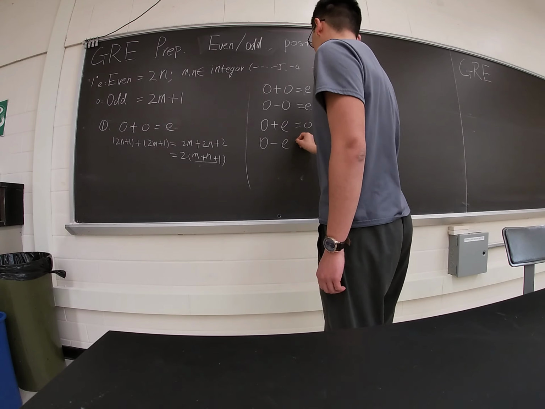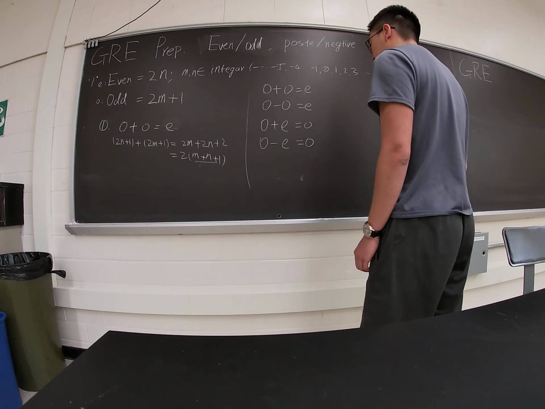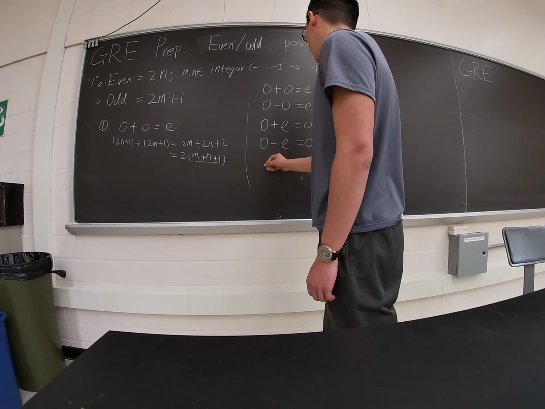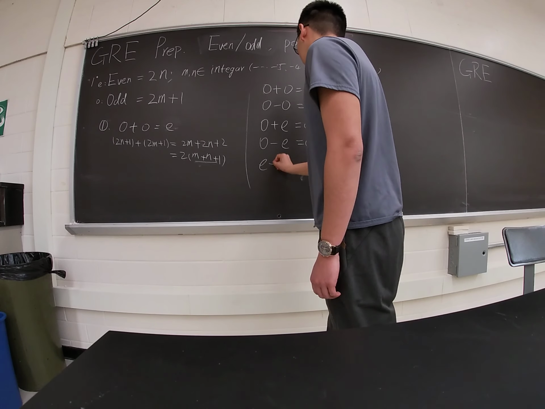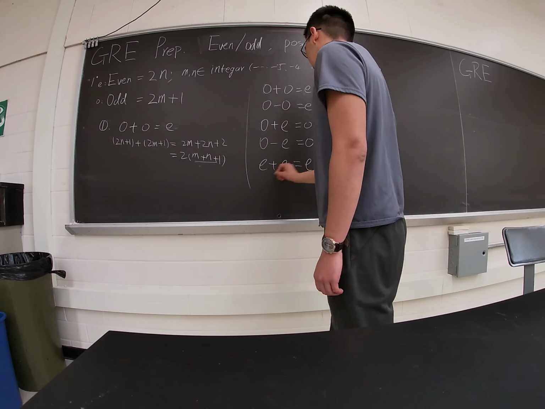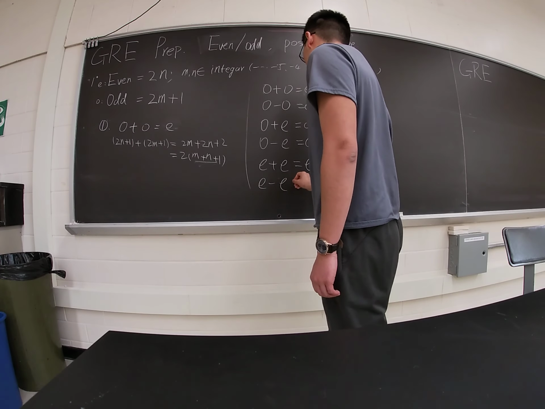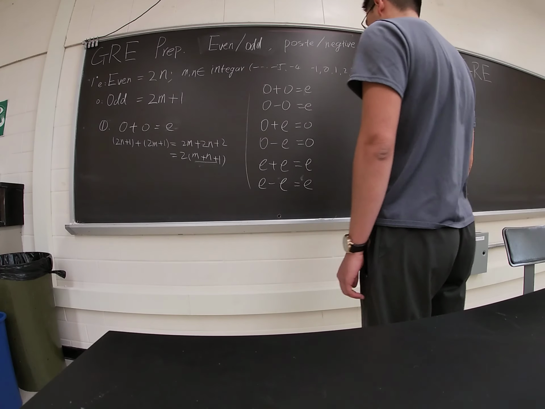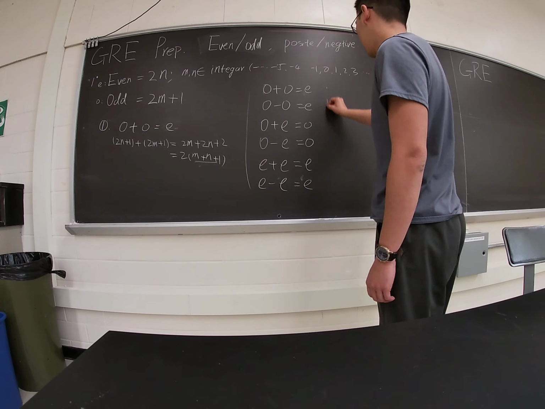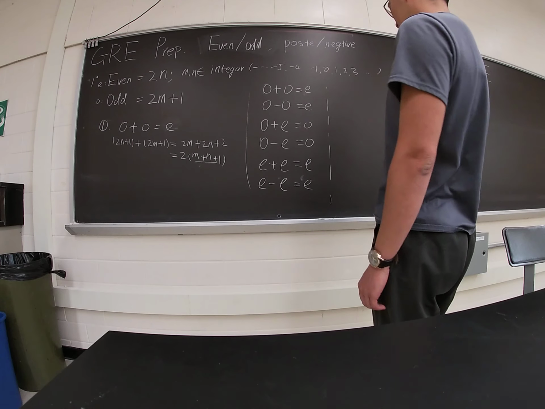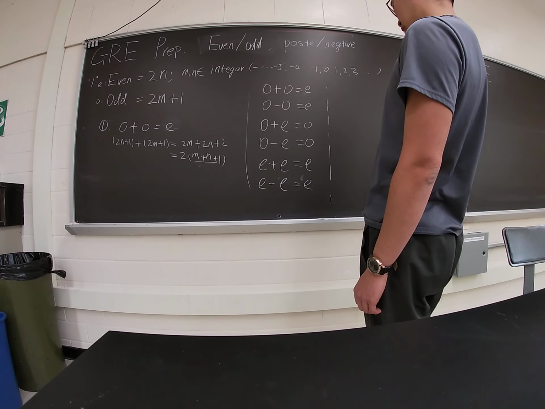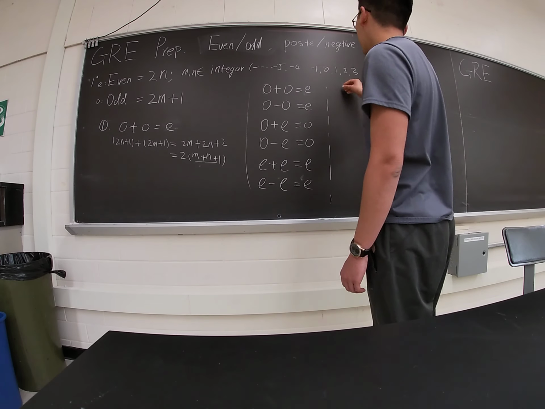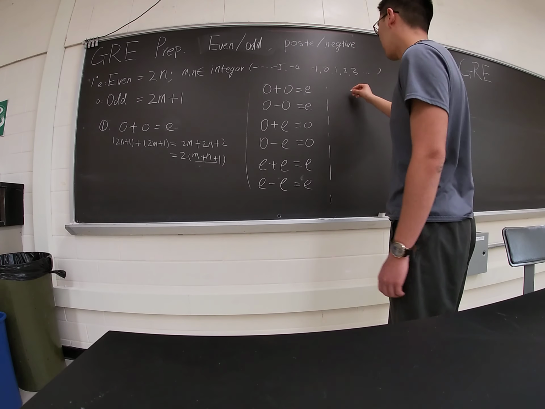Odd minus even is odd. And even plus even is even. Even minus even is even. So that's all the possibilities, I think, for plus and minus.